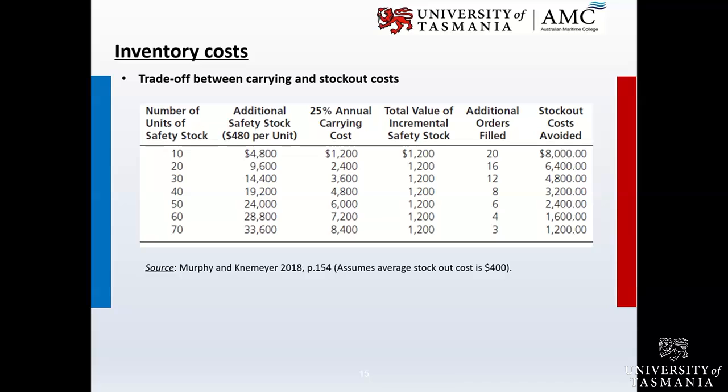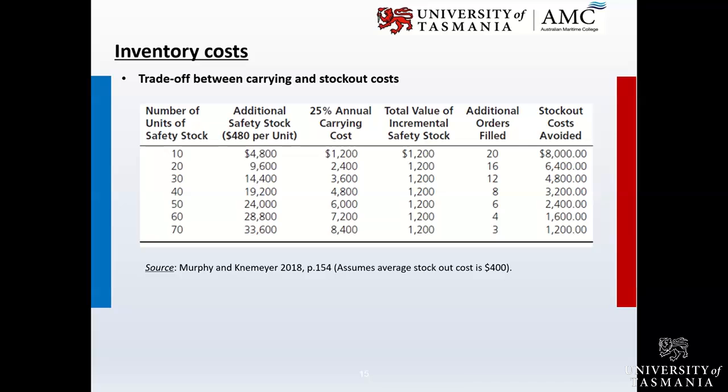So stock out costs encourage the company to keep a high level of inventories, but carrying cost encourages the company to keep a lower level of inventories. So in practice, you need to get a balance between carrying cost and stock out cost.